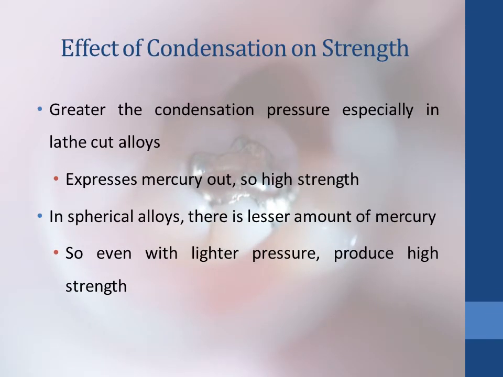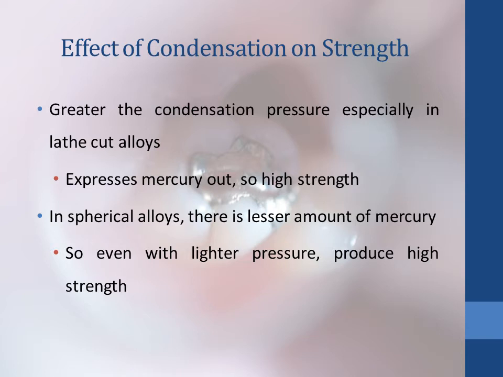Effect of condensation on strength. Condensation is the next step that follows when you place the mixed amalgam into the tooth cavity and apply condensation pressure so that the filling adapts to the walls of the tooth and reaches its desired shape.